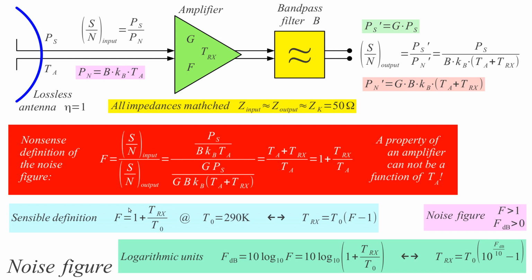So in this case, this definition of the noise figure makes sense, because it's the temperature of the receiver divided by the reference temperature, 290 Kelvin, and this is an agreed value. And this applies very well for cable communication.